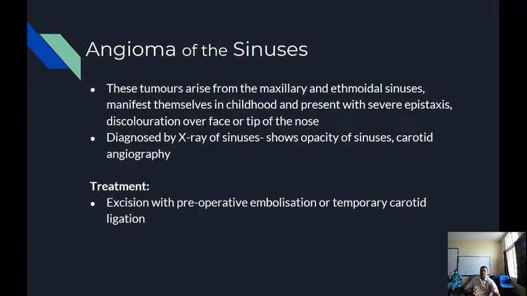Then the angioma of the sinuses, which are there in the maxillary and ethmoidal sinuses, the presentation is usually epistaxis. So the diagnosis is radiological diagnosis and treatment is once again excision. And if these tumors are bigger and more vascular, which can be known by carotid angiography, then we need to do a pre-embolization, just like the juvenile angiofibromas.